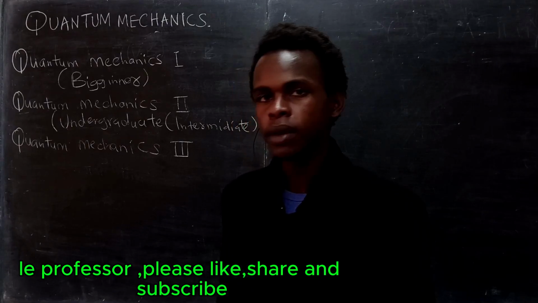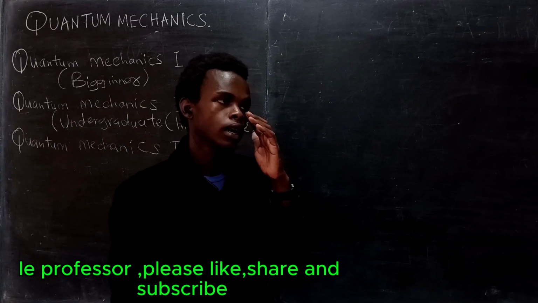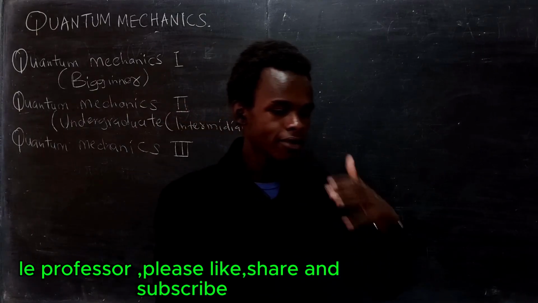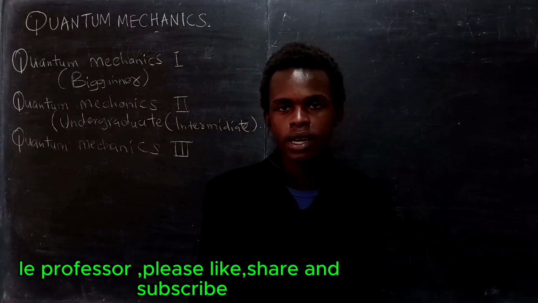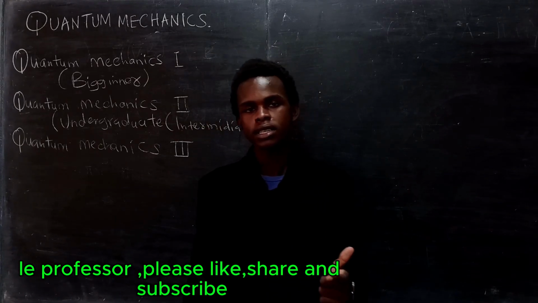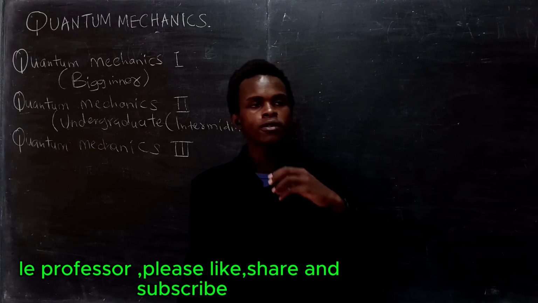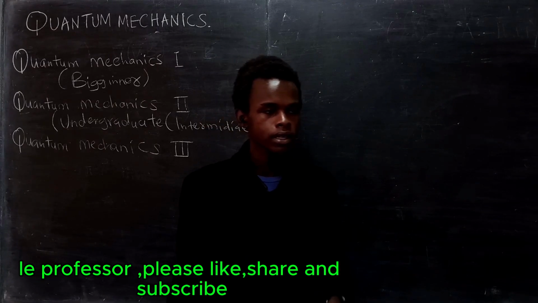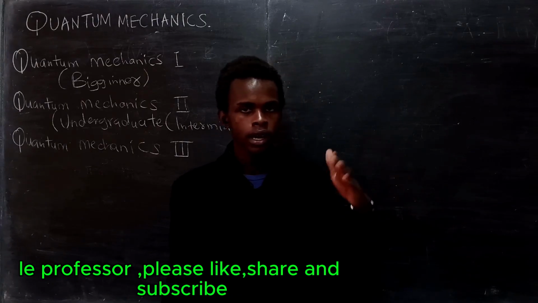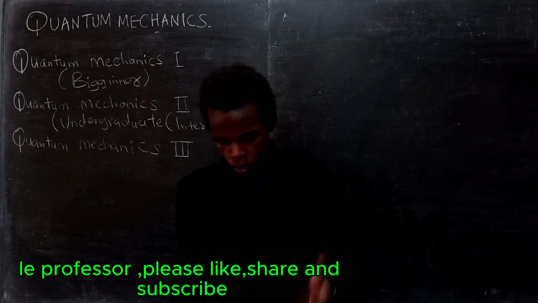Before you advance your knowledge to quantum mechanics, you must understand the basics of calculus, ordinary differential equations, and partial differential equations. You'll have to understand linear vector spaces and linear algebra, both levels, to be conversant with quantum mechanics.